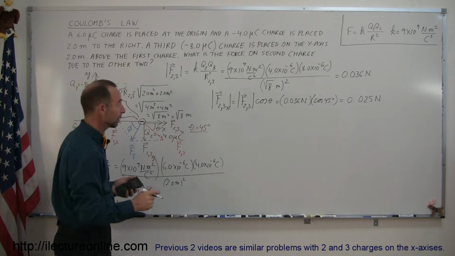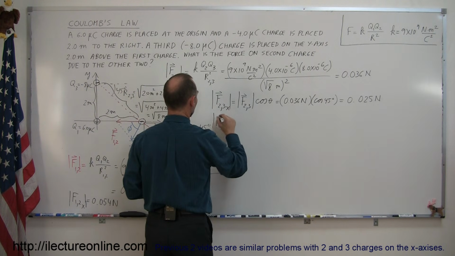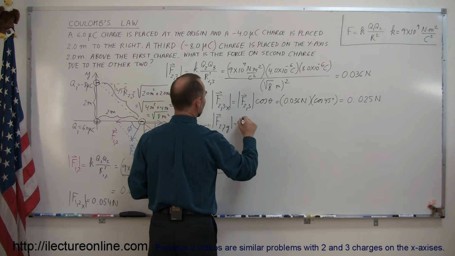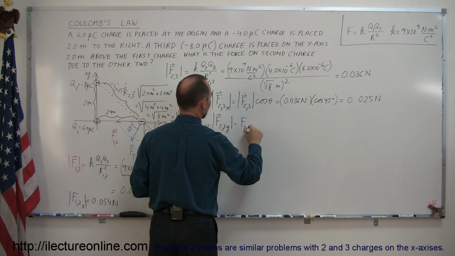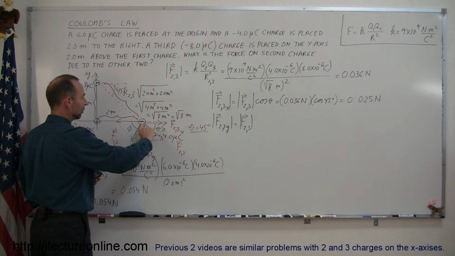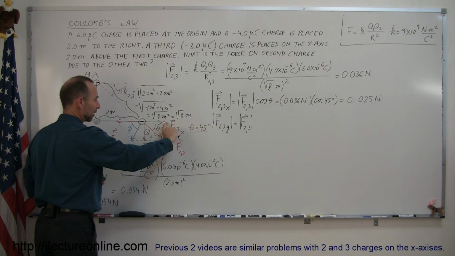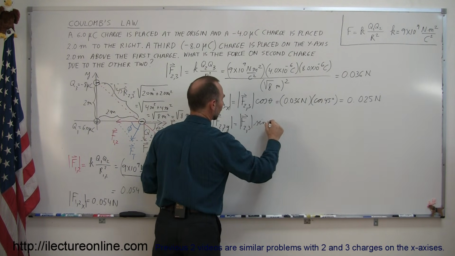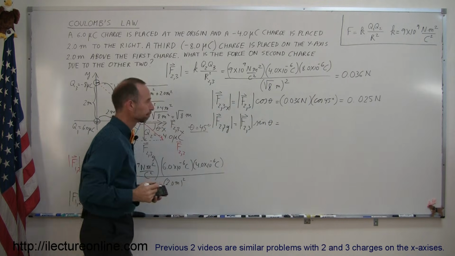Now we do the same for the y component. So F23 in the y direction is equal to F23 times, in this case, since we can move this vector over here, that would make it opposite to the angle theta, so we can say that's equal to the sine of theta.